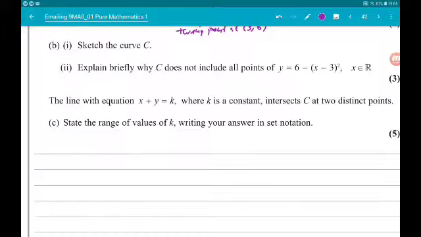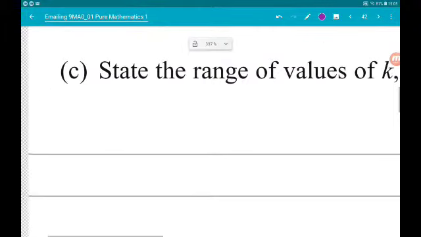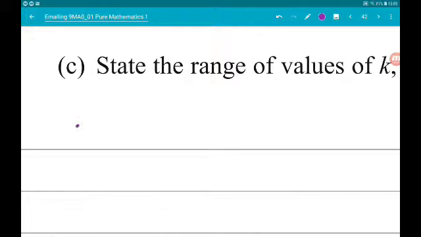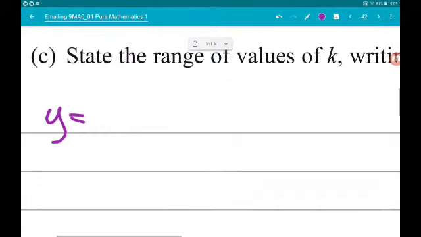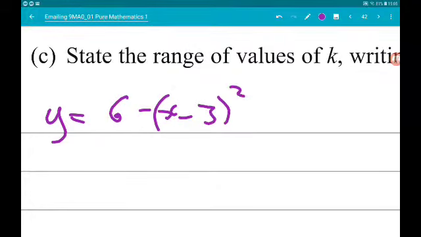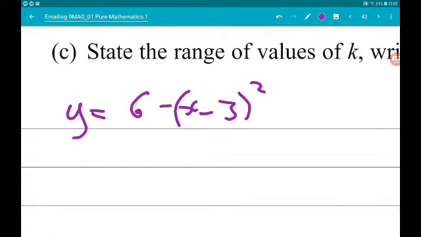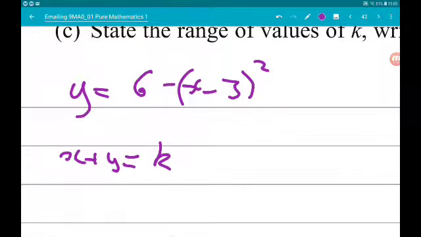Right, okay, so we know that y is equal to 6 minus (x minus 3) all squared. We also know that x + y is equal to k, so given that y is all on its own in the top equation, let's get y on its own in this one.